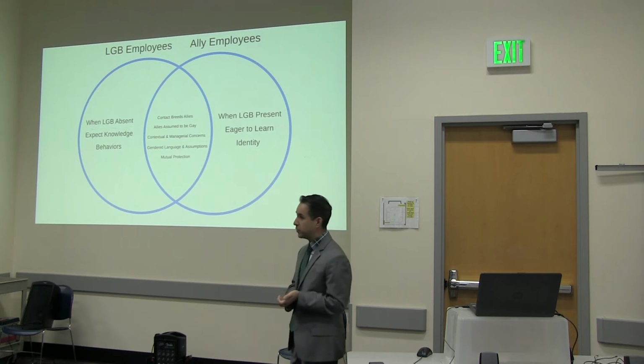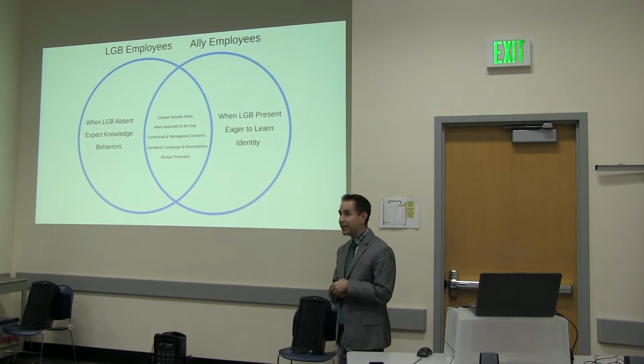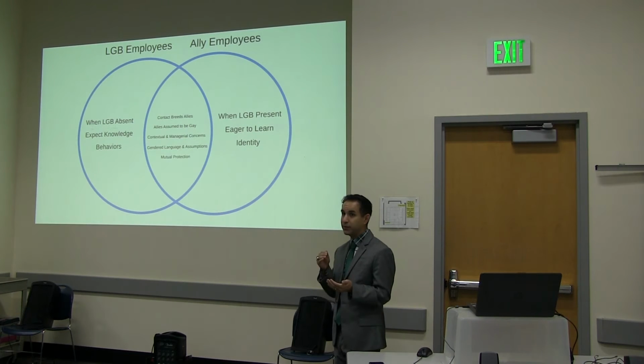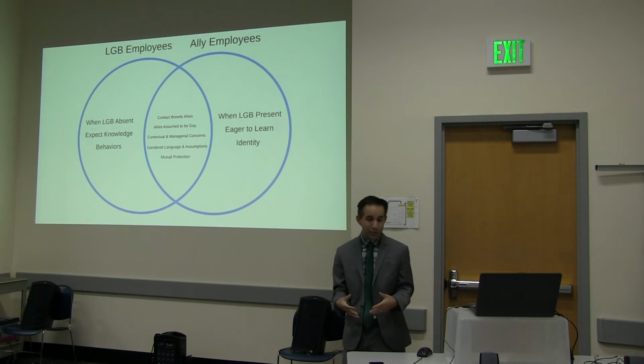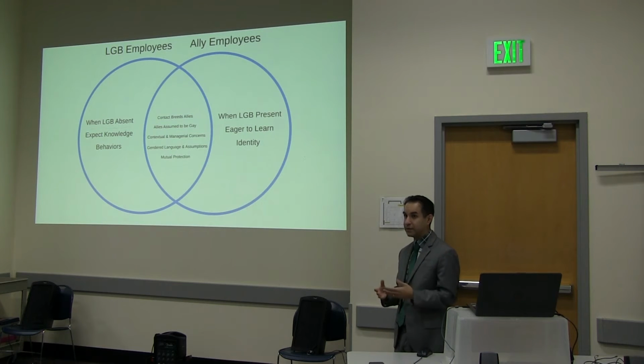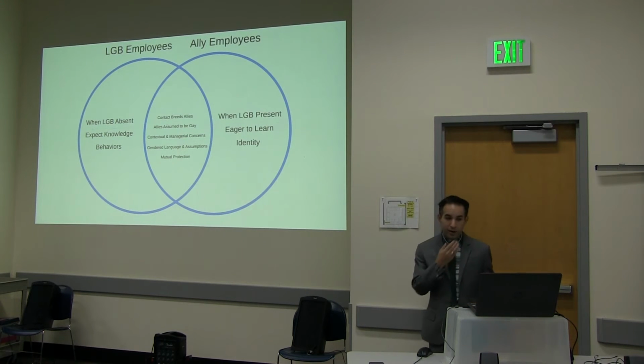And the gay and lesbian employees did not agree with that. It was more like, no, if you're going to call yourself an ally, you need to do allyship behaviors. You need to engage and confront prejudice and be the voice, and if you don't, you don't get to call yourself an ally. You can call yourself whatever you want, but you have to walk the walk, right?